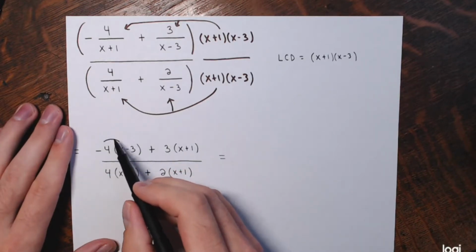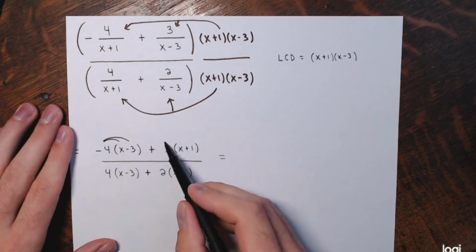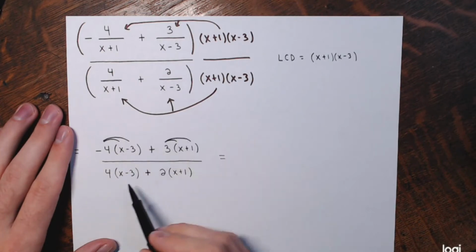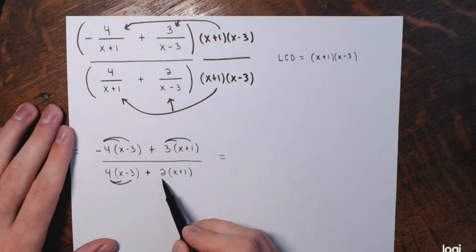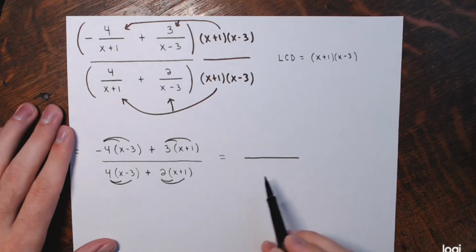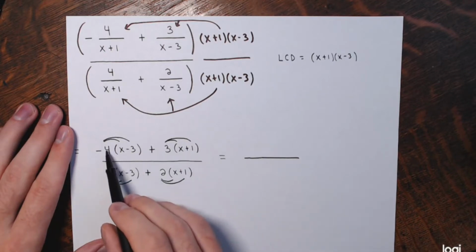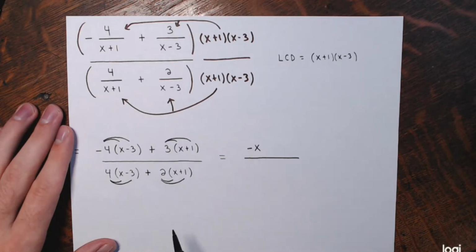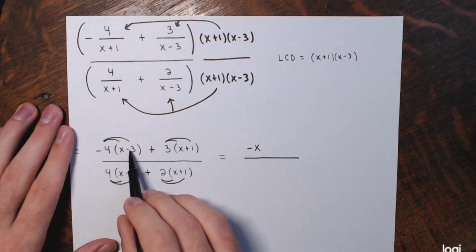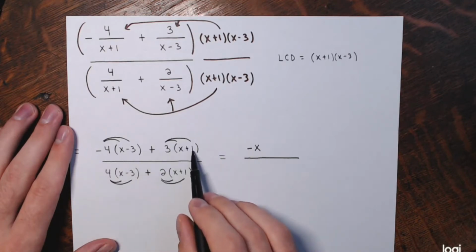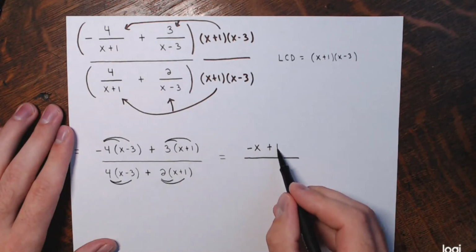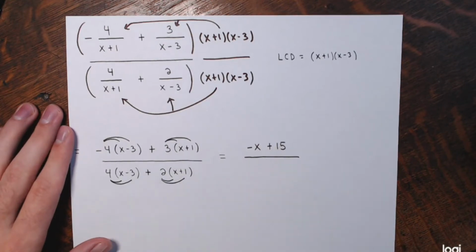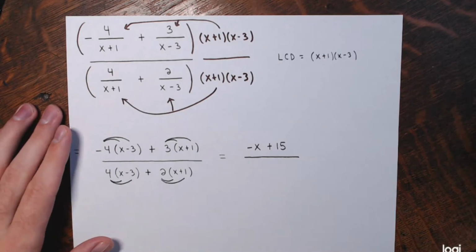So I'm distributing the -4 here, the +3 here, and then in the denominator, distributing the 4 here, distributing the 2 here. And we'll combine like terms. So in the numerator, I'd have -4x plus 3x, that'd be -1x. Then +12 plus 3, so plus 15. So the numerator is -1x plus 15.